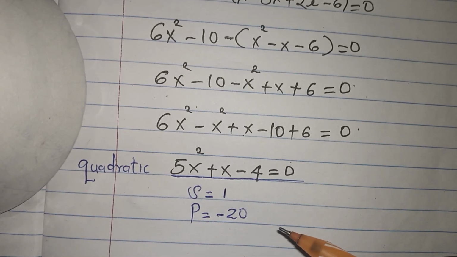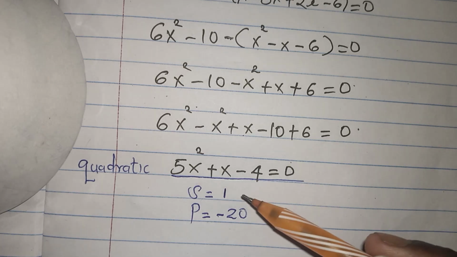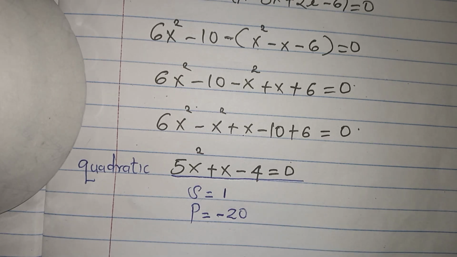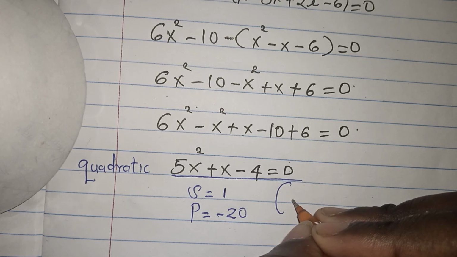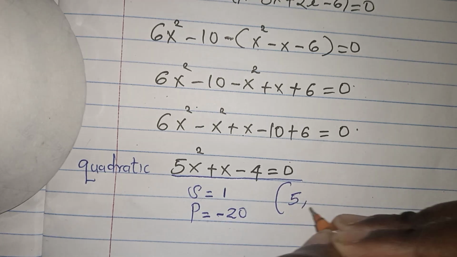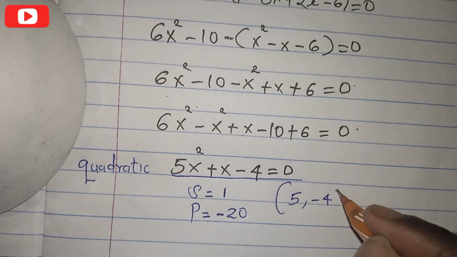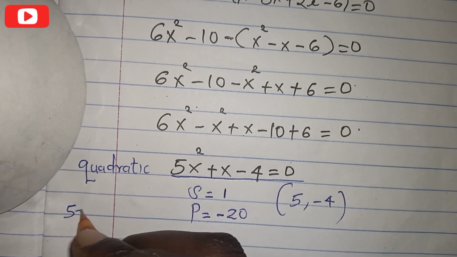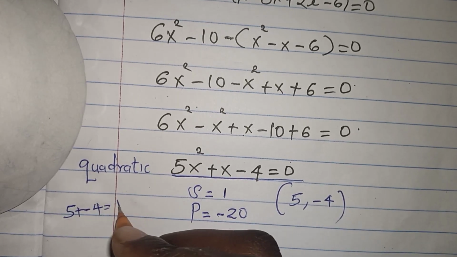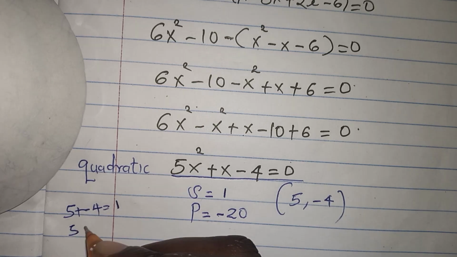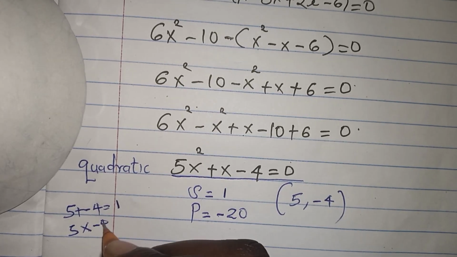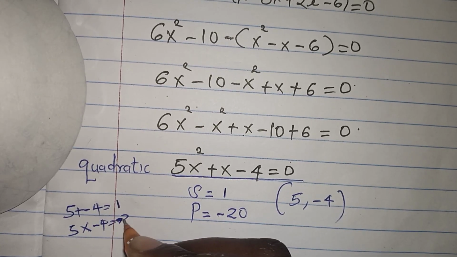When I add them, I'm getting 1. So these two numbers are 5 and negative 4. So if we add 5 plus negative 4 is equals to 1. 5 times negative 4 is equals to negative 20.